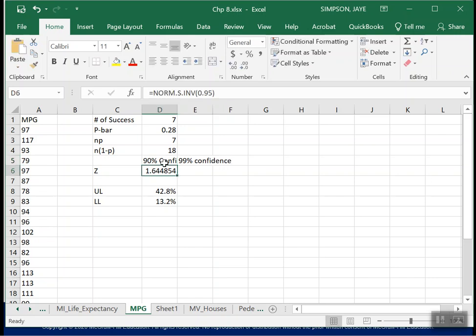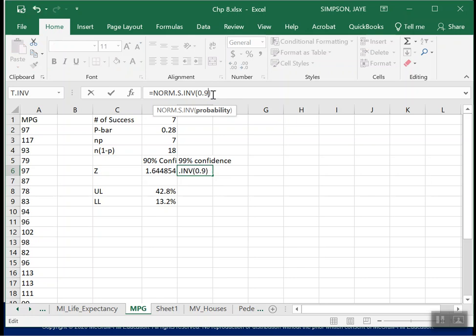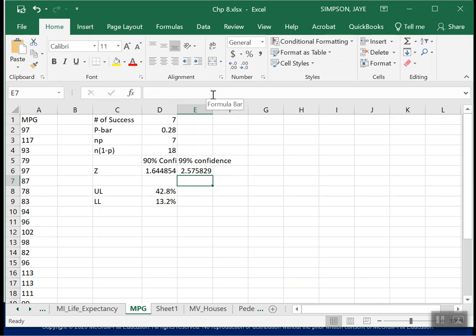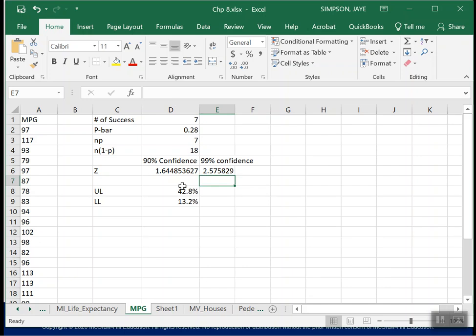Now again, we can just type in our Z-score if we want to, or we can just change our formula here. So at 99% confidence, that means there's 0.5% in each tail. So this would be 0.995, which gives us our Z-score of 2.576, rounded roughly.